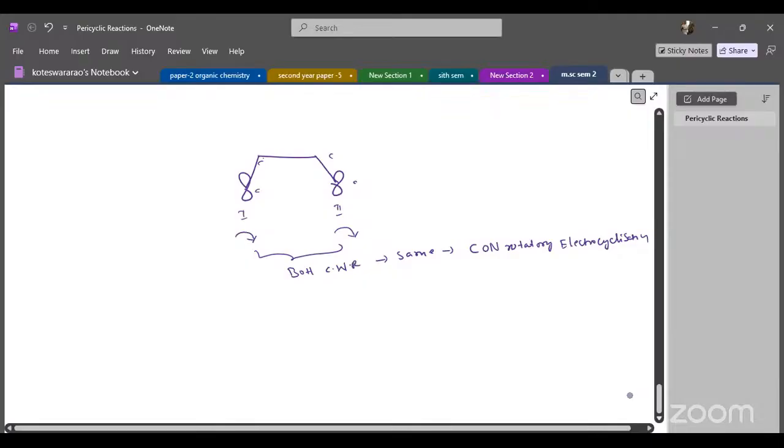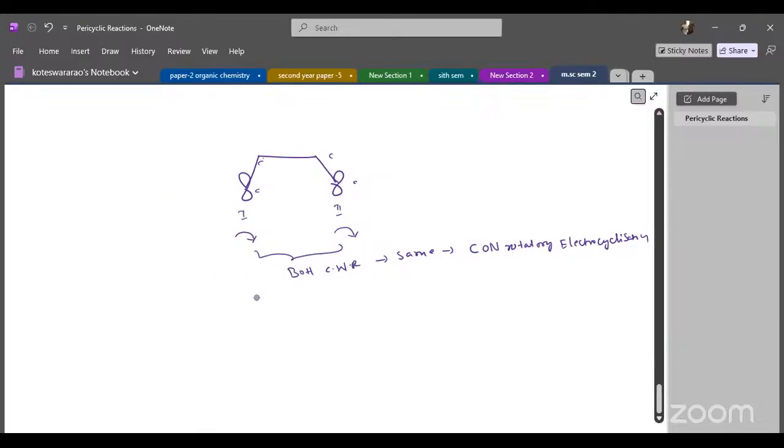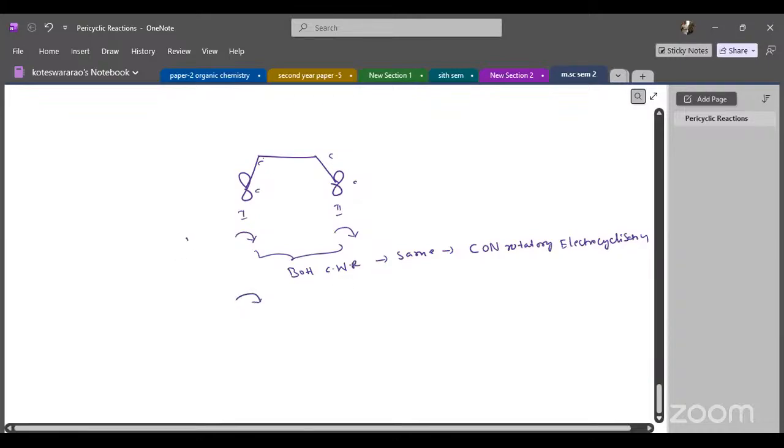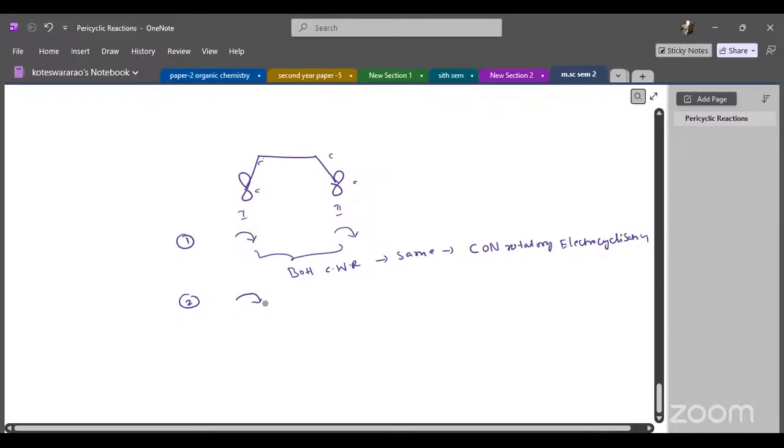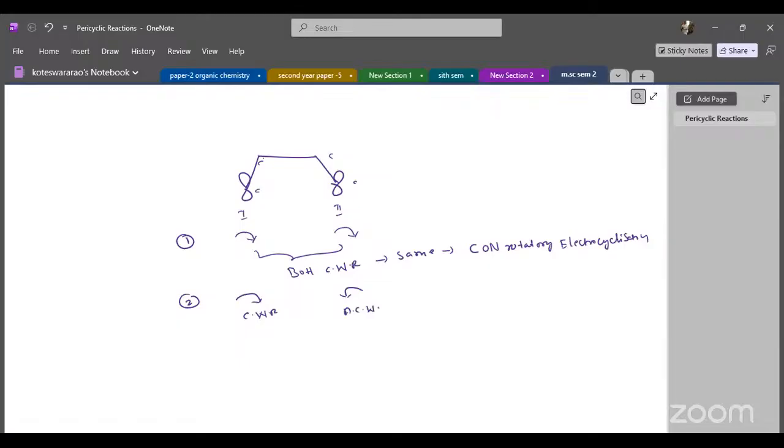Now, in the second pattern, at the first terminal it is undergoing clockwise rotation, and at the second terminal it is undergoing anti-clockwise rotation.